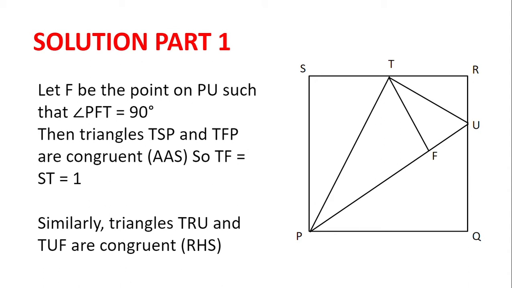So TF equals ST equals 1. And then we find that triangles TRU and TUF are congruent. This is because TF is 1 and TR is 1. They both share the same hypotenuse and they are both right-angled triangles.